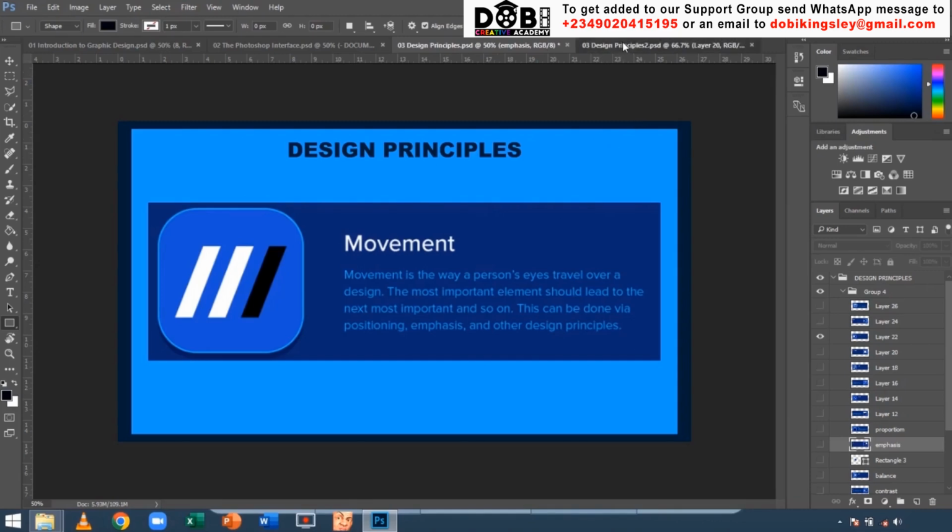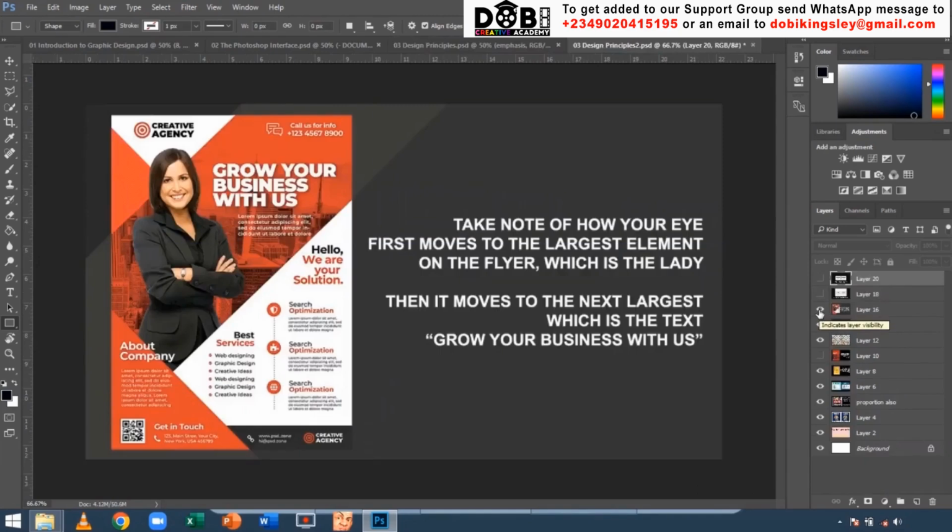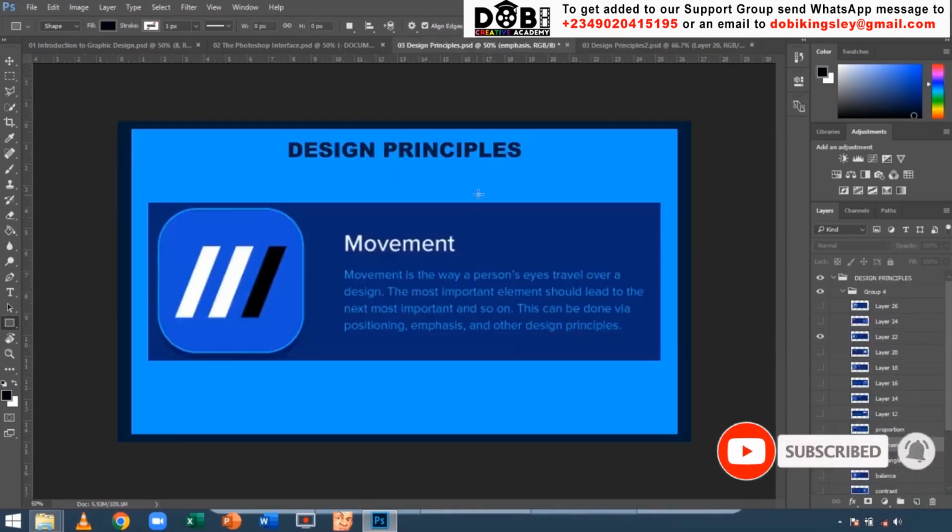As a designer, you are in charge of how the eyes of your viewers move across your design. You take note of how your eye first moves to the largest element on the design, to the next, and to the next. So you are in charge, you are in control, and you should also take note of the movement.